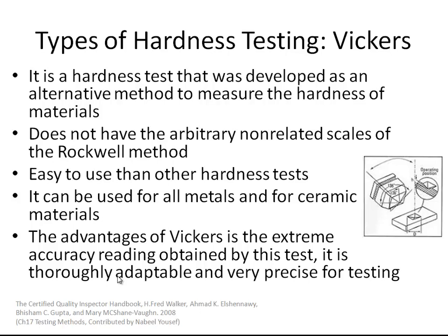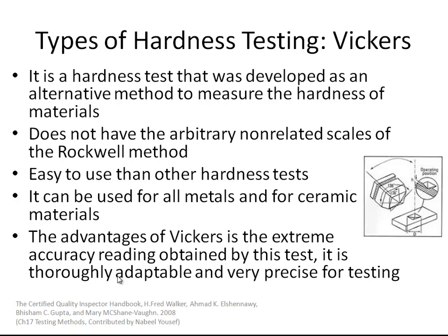From the different types of hardness testing, we have Vickers. It's another type of testing that was developed as an alternative method to measure the hardness of materials. It does not have the arbitrary non-related scales of the Rockwell method, and it's easy to use compared to the other hardness tests.